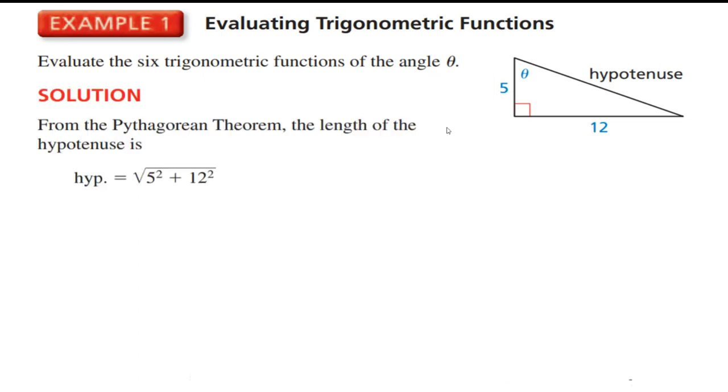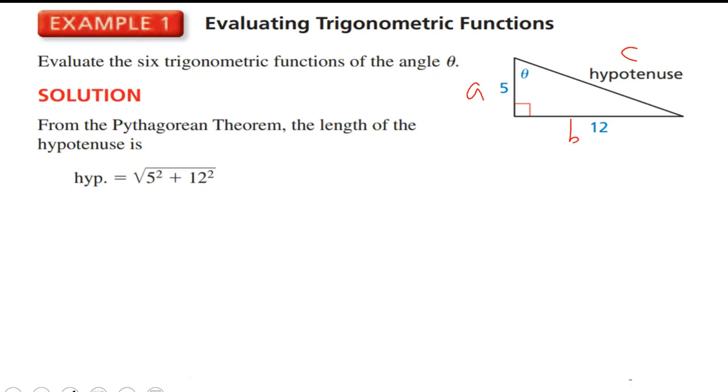Now, to solve this, we need to find the length of the hypotenuse. So from the Pythagorean theorem, the length of the hypotenuse will be solved using this equation over here. Now, remember, when you are applying the Pythagorean theorem, you can label your hypotenuse as C, and your two legs can be labeled as A and B. So either way, it doesn't matter.